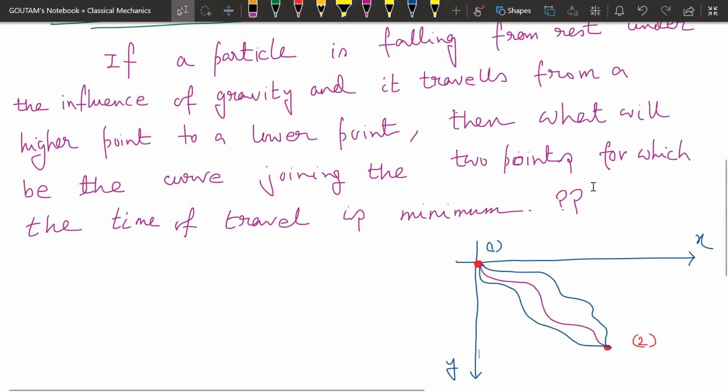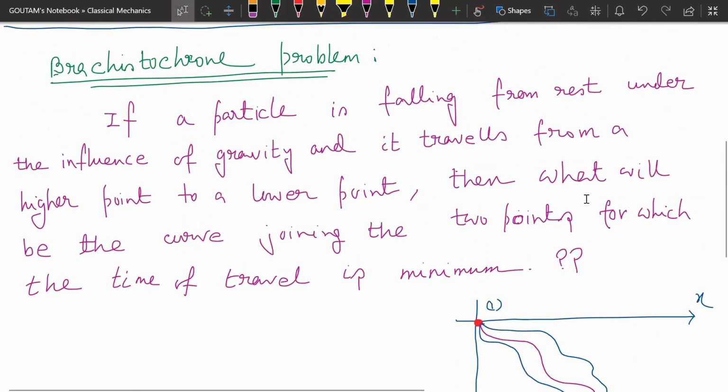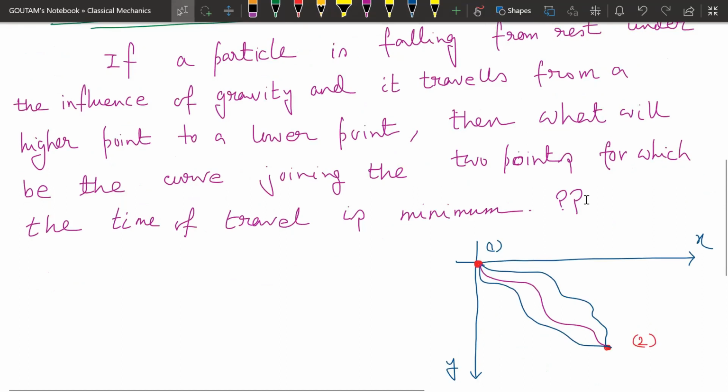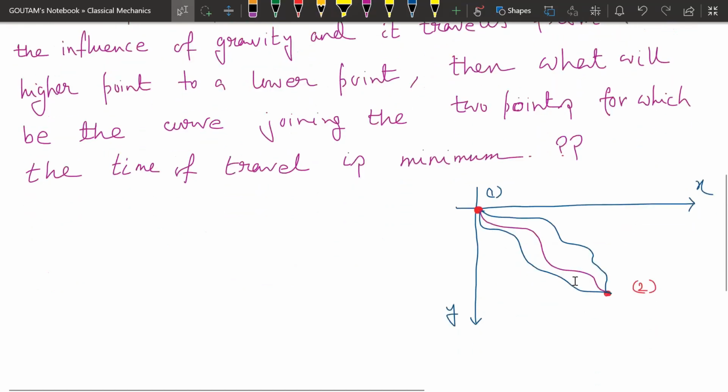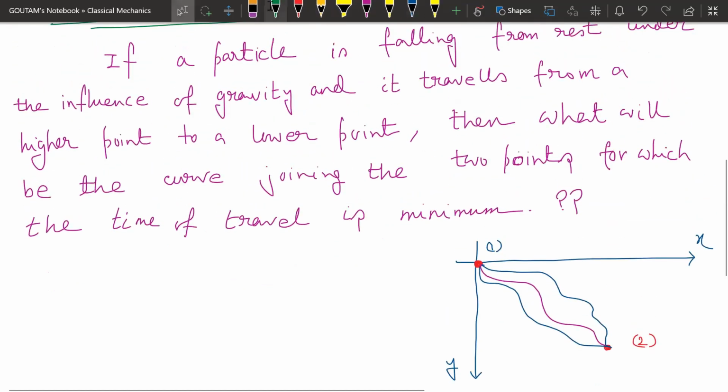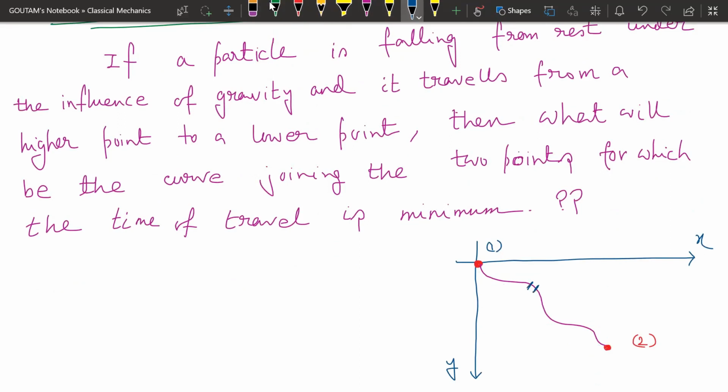What we want to calculate is along which path the time taken to travel from point 1 to point 2 will be minimum. So let's say it follows this path. Let's say at some time the particle is at this point.